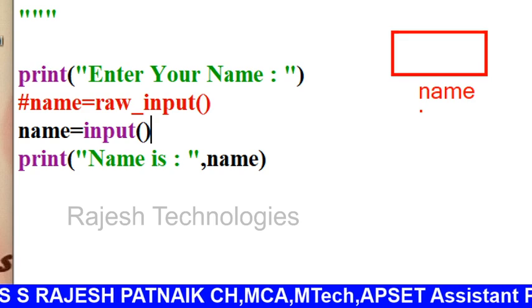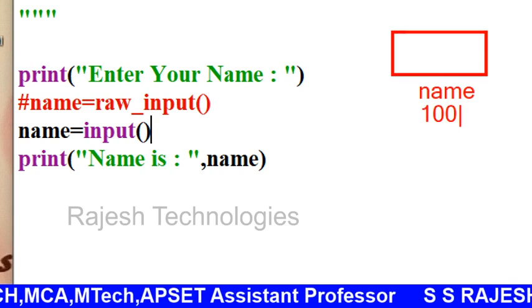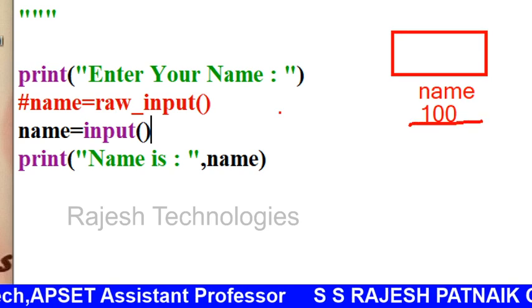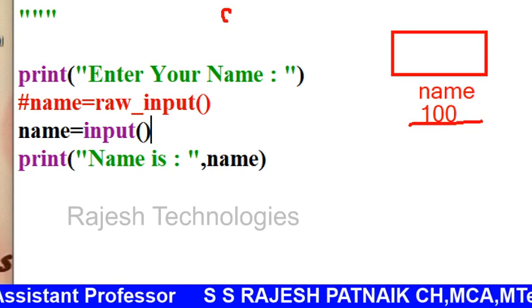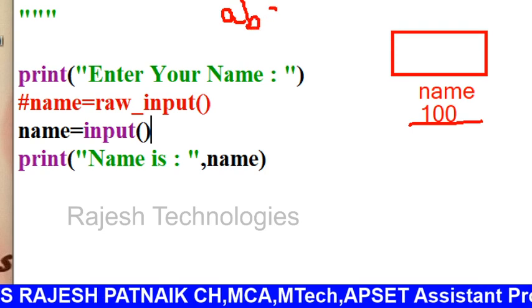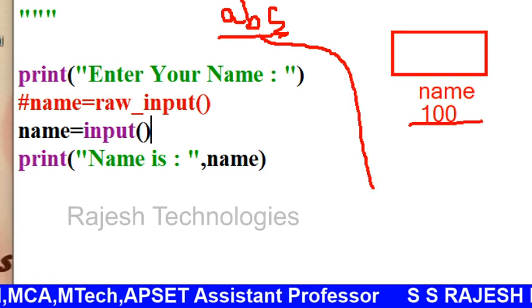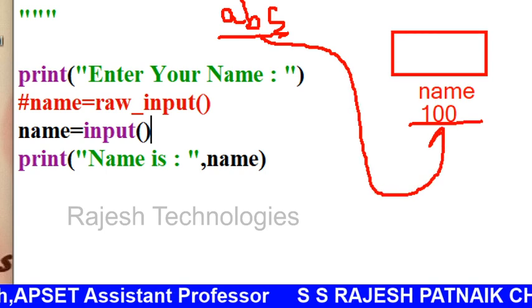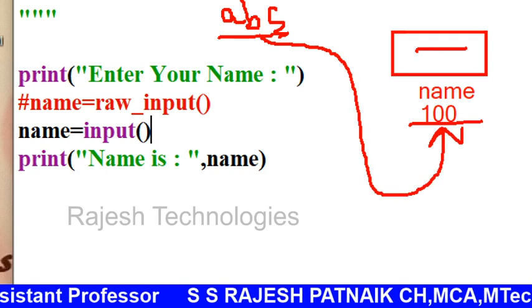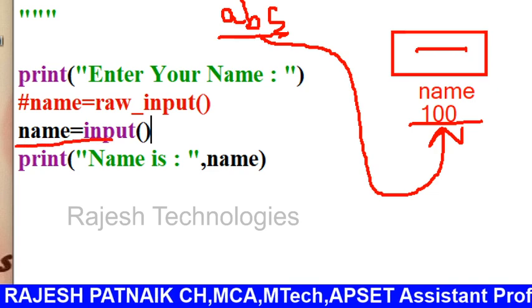I don't know what the address is, that's why I assumed the address is 100. Whenever you enter some data like ABC or Divya, any particular name, this particular set of characters will search for this address and be stored in this particular memory. This is the second statement.